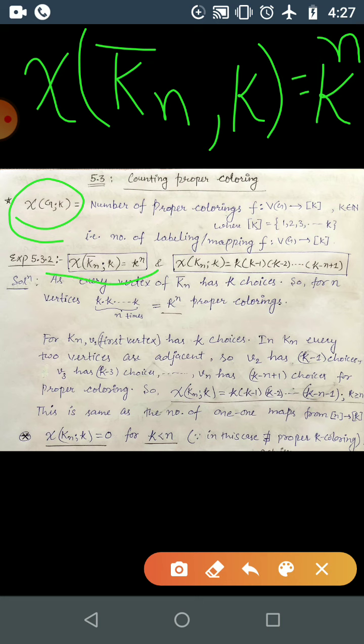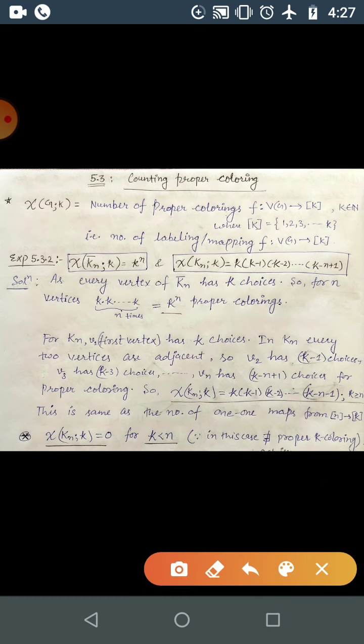Here every vertex of Kn complement has k choices, so for n vertices it has this many times. So n vertices, k into k and so on up to n times, is a proper coloring, correct? So we can choose these colors in k raised to power n ways, so that is giving you this chromatic polynomial.